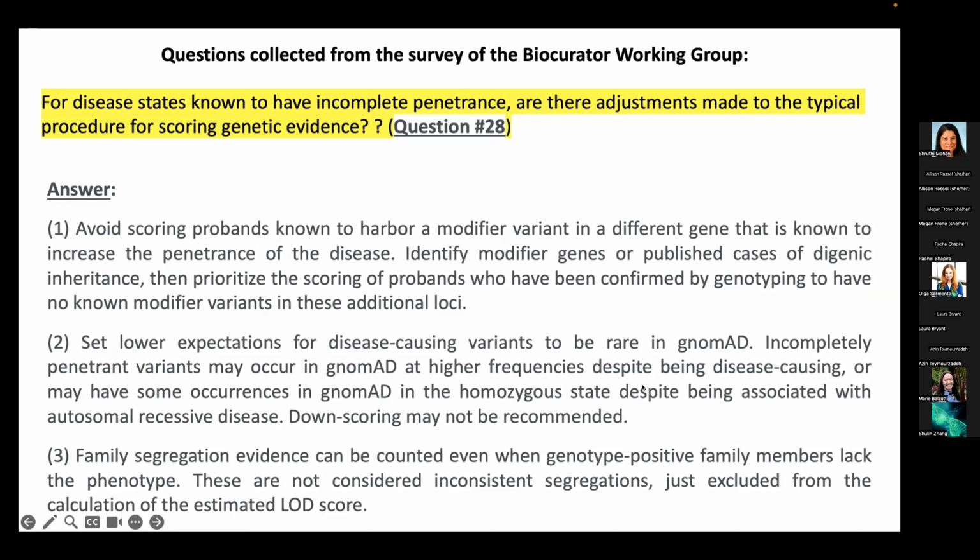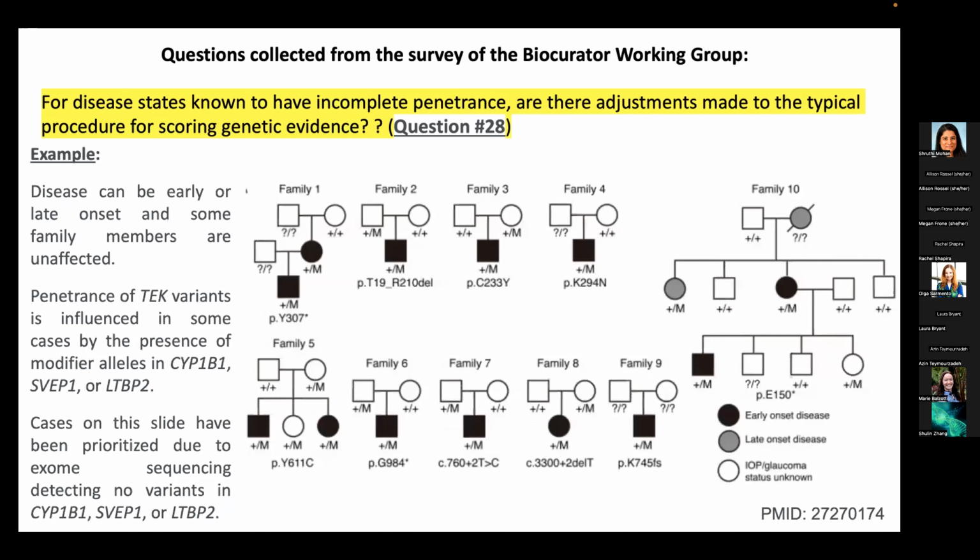And then what about people who are part of the family tree but don't show the phenotype? Point number 3 raised by my colleagues is that you don't worry too much about those people. You just exclude them from the segregation because they're unaffected. They're not necessarily inconsistent or contradictory evidence.